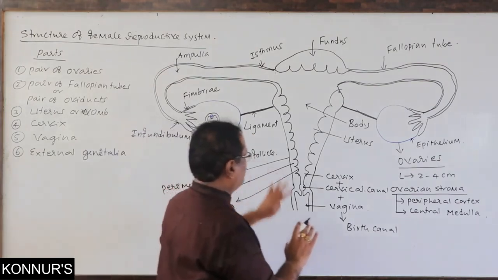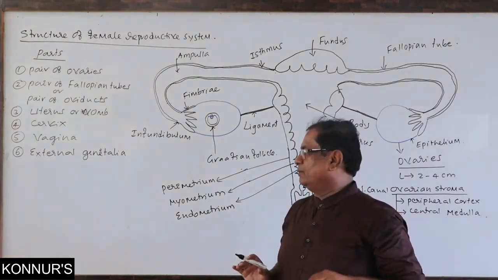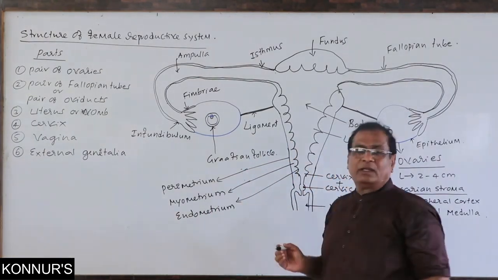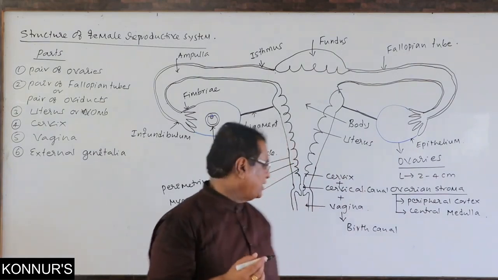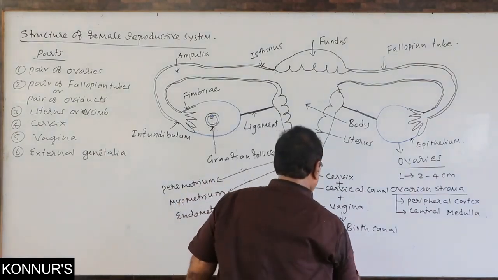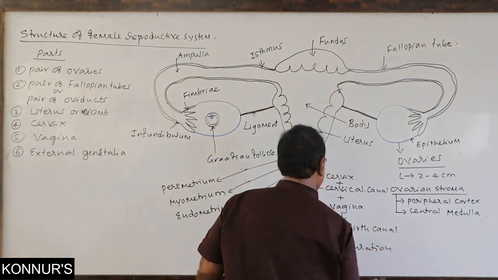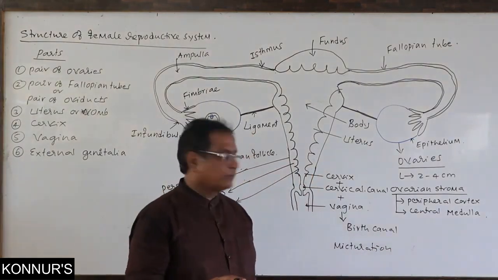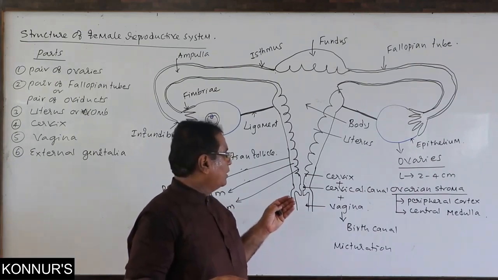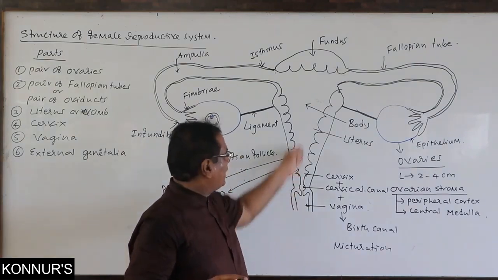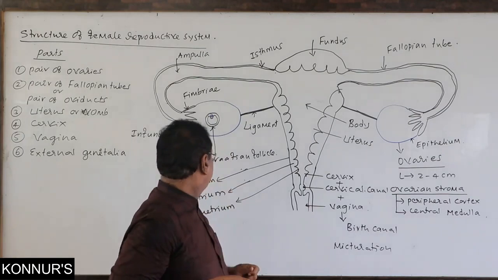This is about the structure of the female reproductive system, in which the vagina is a female genital organ meant for maturation and also the introduction into the uterus through the vagina only during sexual intercourse.